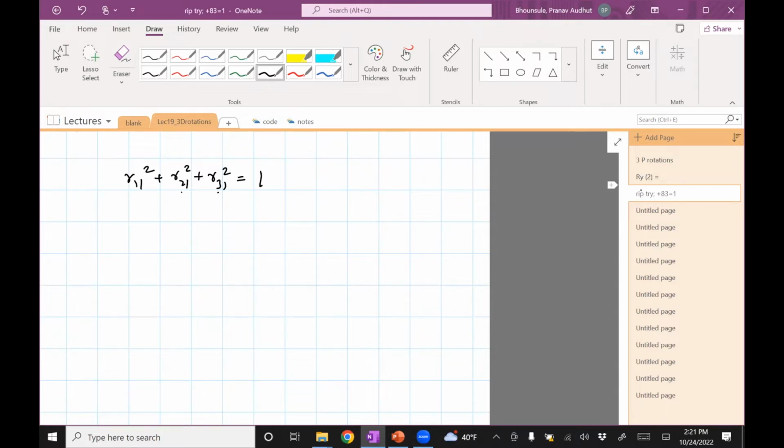If you do this for the second column, you get R12 squared plus R22 squared plus R32 squared equals 1. Third column, R13 squared plus R23 squared plus R33 squared equals 1.